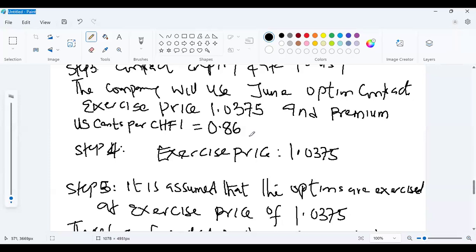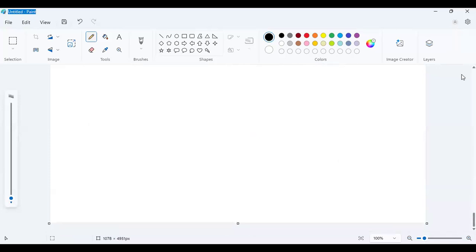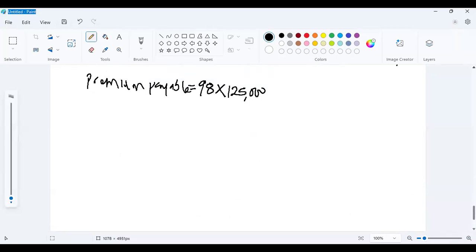I'll divide it by 100. I'm converting cents to dollar. That will now give me dollars, multiply by, that is in dollar now, 0.0086.